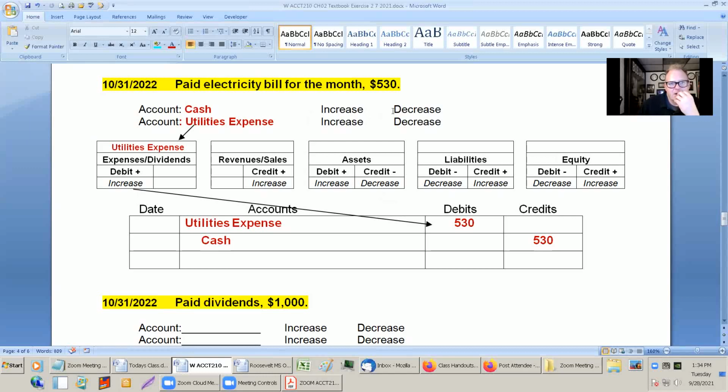Okay, now we can actually fill in the rest of these. Cash is going down. Expenses are always going up. Two months' worth of utilities is more than one month's worth of utilities, so they're always increasing as the year goes on. Our cash is going down. We paid the bill.